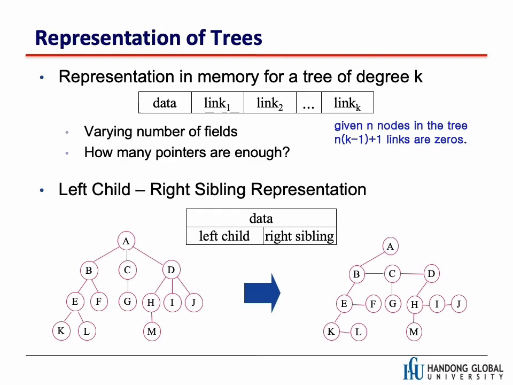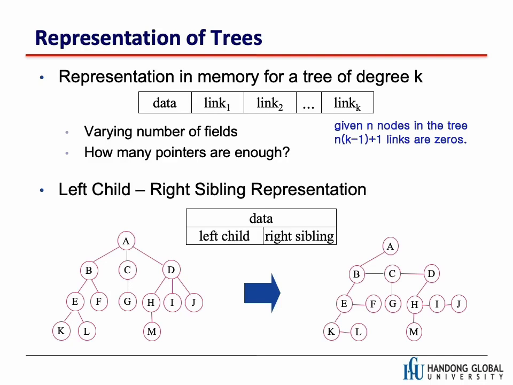As we've seen in the sparse matrix, we don't use lots of links in this 2D array. Then let's just calculate how many links we actually use, or how many links are not used.